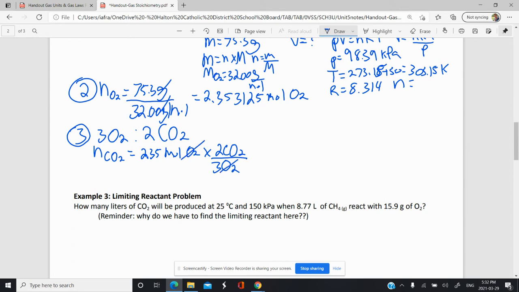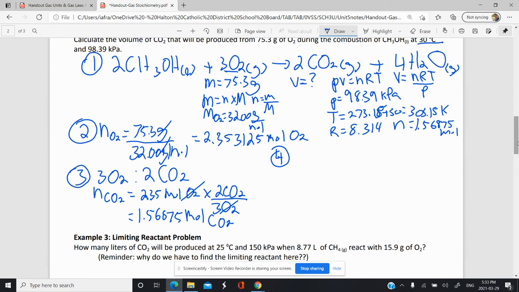O2s cancel out, and you're left with CO2. So times 2 divided by 3, and we get approximately 1.56875 moles of CO2. And so now we can go ahead and plug all this information in.